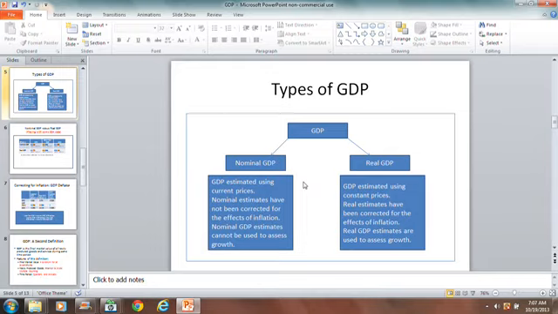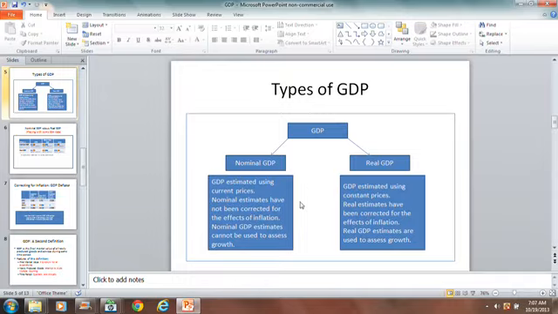So when you estimate GDP using current prices, like cereal is $5, that price is then multiplied times the number of boxes of cereal I buy. So if I buy one box of cereal, the price of $5 times the quantity of one box will give me a total expenditure of $5. So when you estimate nominal GDP, you just take the $5 that was spent, multiply it times the quantities of the good that was purchased, and that would give you your nominal estimate.